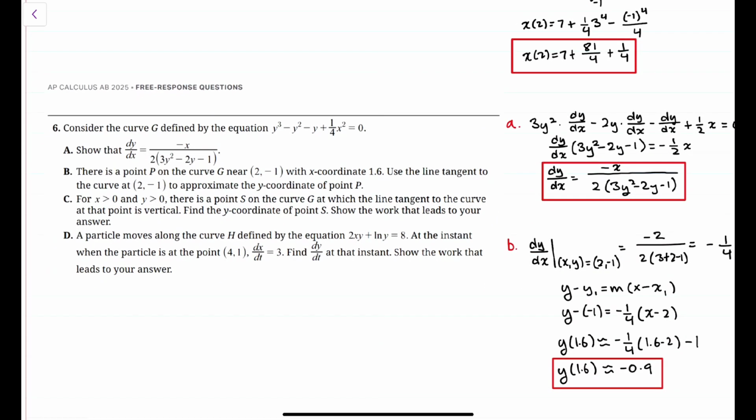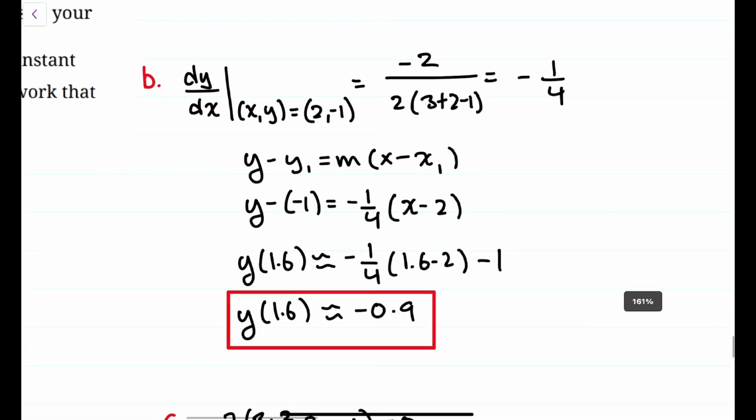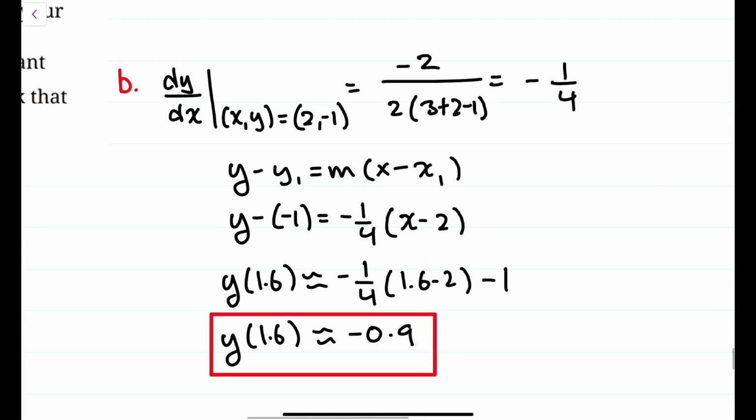For part B, it says that there's a point P on the curve near 2, -1 with the x-coordinate at 1.6. And so we just have to use a tangent line approximation to find the y-coordinate of point P. So we have our derivative, and the point is 2, -1, so we input that for dy by dx, and it simplifies to -1 over 4, which is our slope.